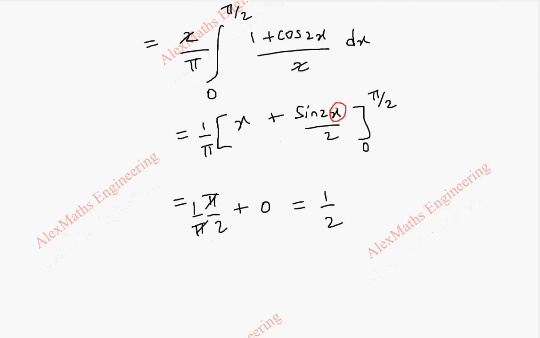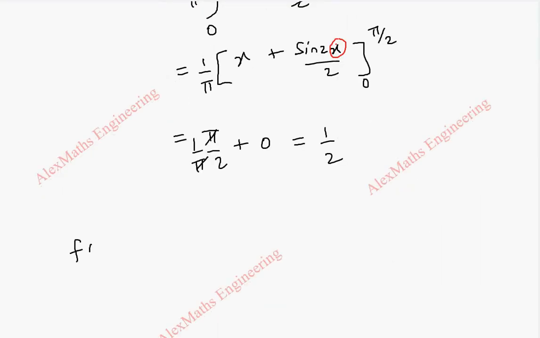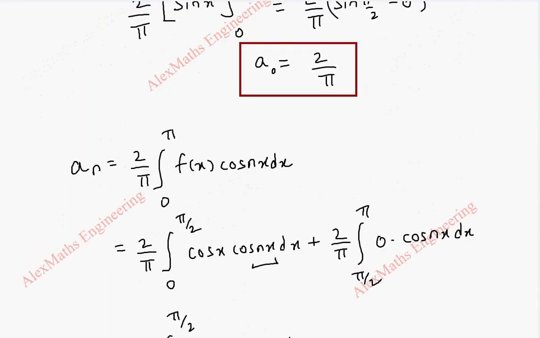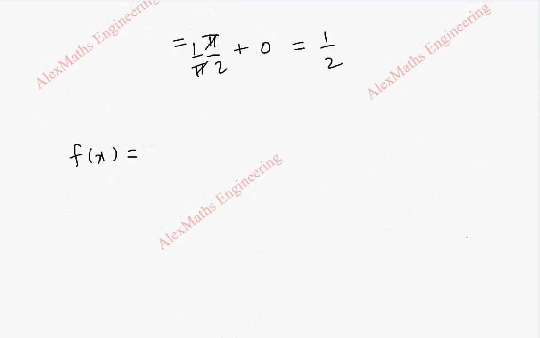So substituting everything in our expansion formula, f of x equal to a0 by 2. So a0 is 2 by pi. So 2 by pi by 2. So I take denominator 2, and I have to write a1 cos x. But a1 is 1 by 2 into cos x.